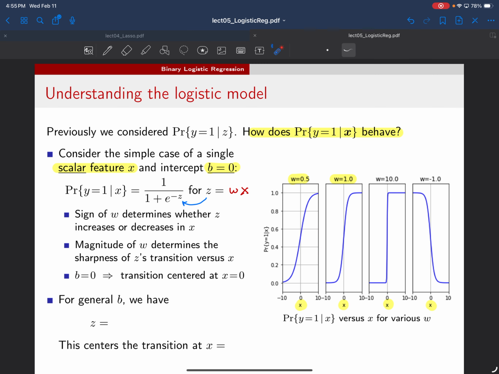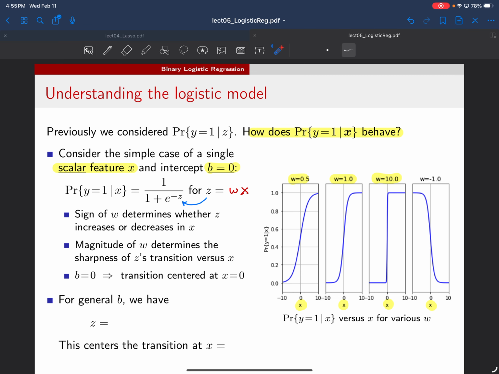Now, if the weight is 0.5, and notice that they all use the same exact scaling of the x-axis, so if you shrink the weight, the transition is slower. If I increase the weight up to 10, the transition is much faster. It transitions from 0 to 1 almost instantaneously, it looks like.